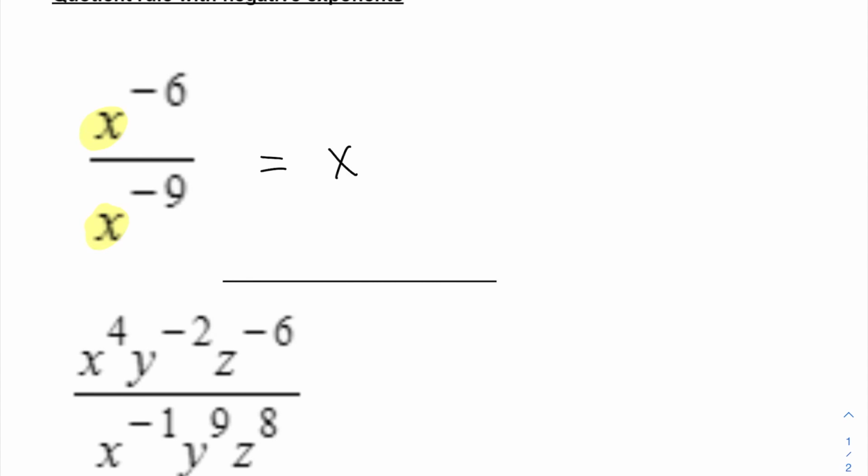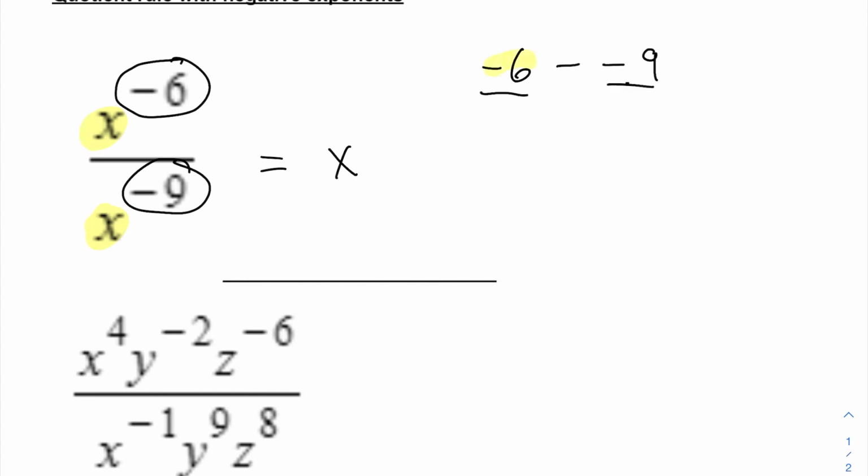and it might be easier for some of you to think about this just by typing it into a calculator, but I'm going to write it out here. I have to take the top one minus the bottom one. So negative 6 minus negative 9. A lot of people will just write this down as negative 6 minus 9. But you have to remember you're taking the top one minus the bottom one.